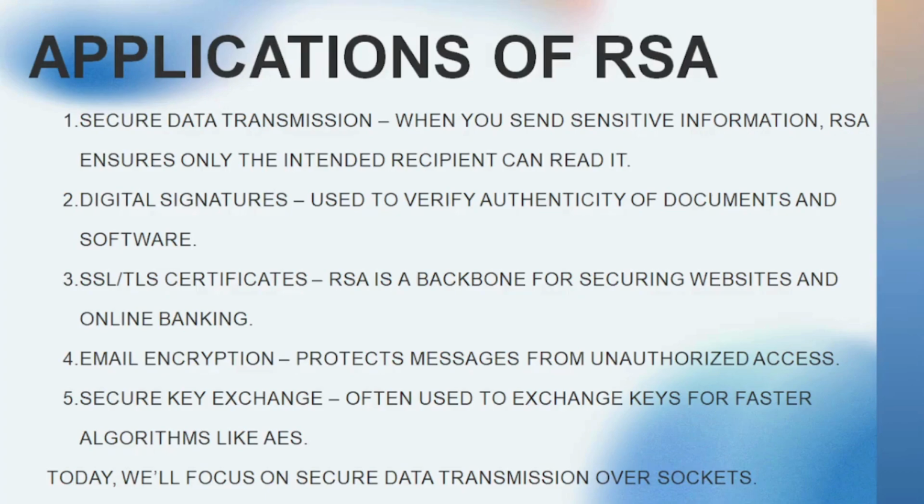RSA is a backbone for securing websites and online banking by providing SSL and TLS certificates. It protects messages from unauthorized access for email encryption, and it is also often used to exchange keys for faster algorithms like AES. So today we will focus on secure data transmission over socket.